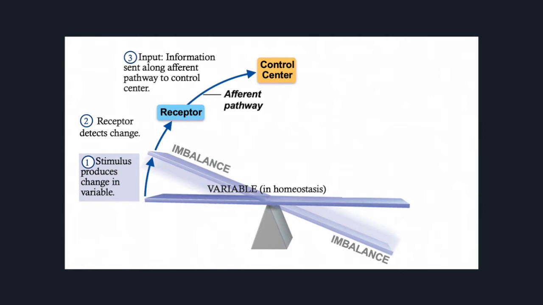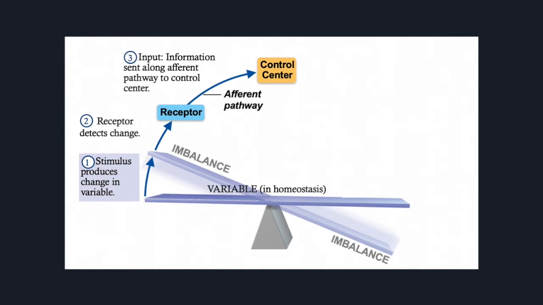So that input is next, and that's information sent along what we're calling the afferent pathway. That goes away from the receptor towards what we call the control center, and that's usually your central nervous system, so either your brain or your spinal cord.